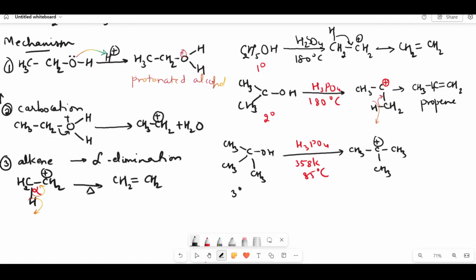Now this CH3, either this or this, any of them, all of them are attached to the mid carbon.